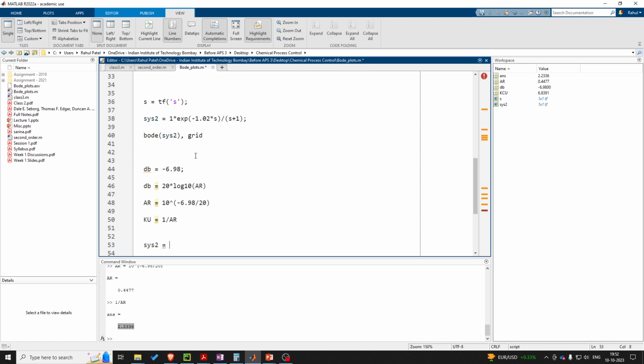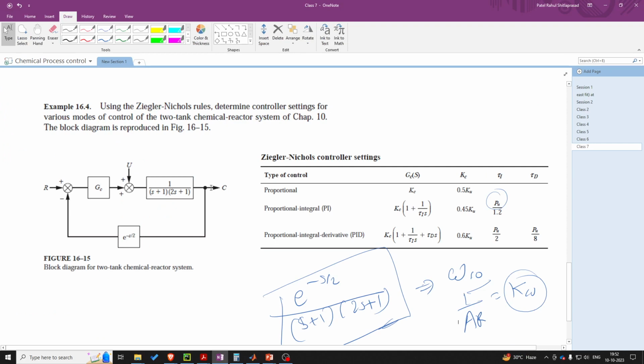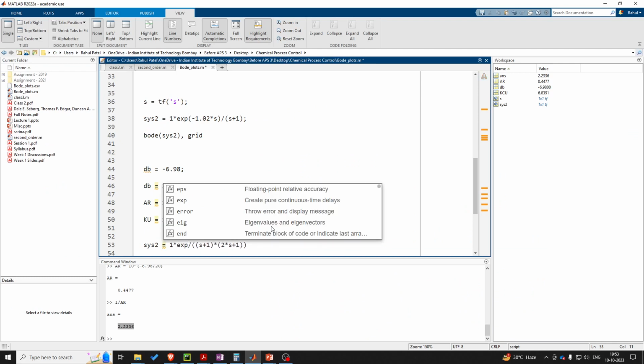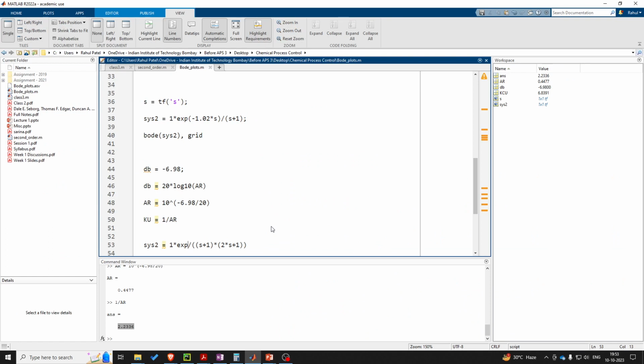So sys2 is nothing but 1 upon s plus 1 into 2s plus 1, and then we have this measurement lag term, exponential of minus s by 2.